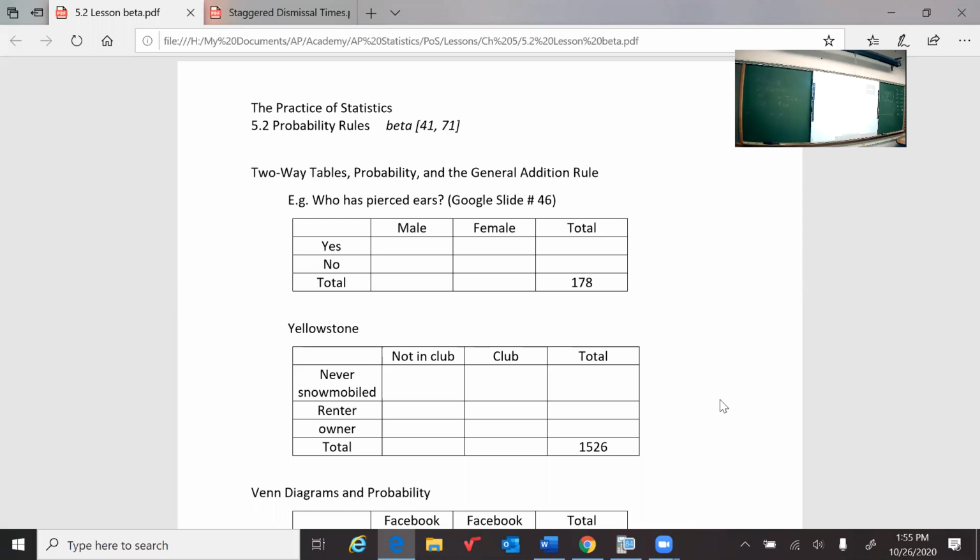And you want to get on board with graduating to two-way tables because that's the language of the course. Two-way tables are to statistics what H charts are to calculus. And I looked in the yearbook last year, and H charts got a shout out in the yearbook for one of the most helpful organizational tools. So two-way tables are the same thing.